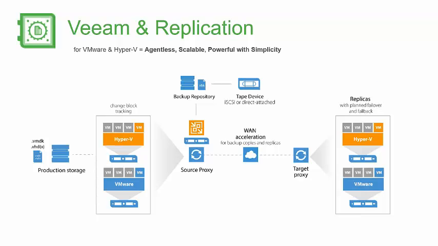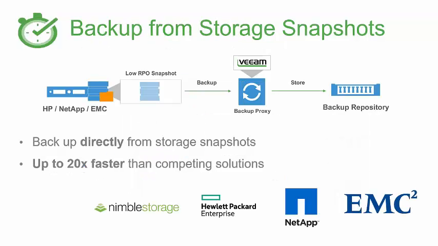We also offer, and this is new with 9 and 9.5, and we're extending it further in version 10, backup from storage snapshots, which is a patented process. Our integration with our storage partners allows us to create a storage snapshot, minimizing the time that a VMware snapshot is in place to seconds, which obviously greatly improves consolidation.